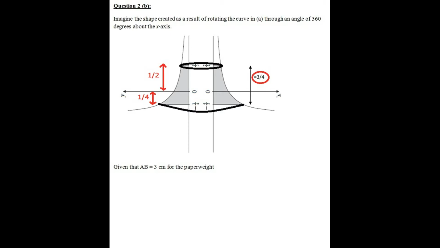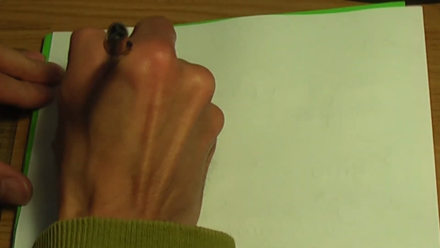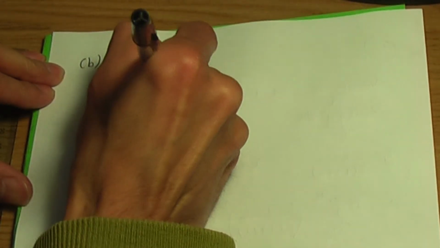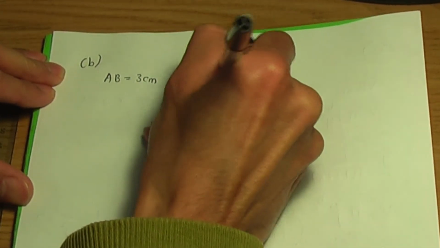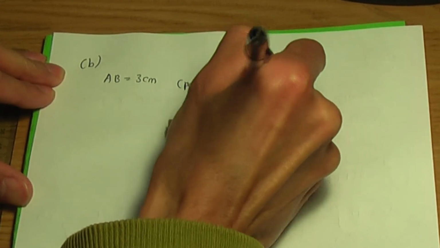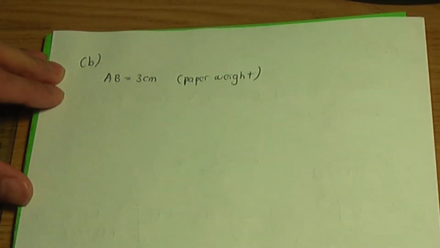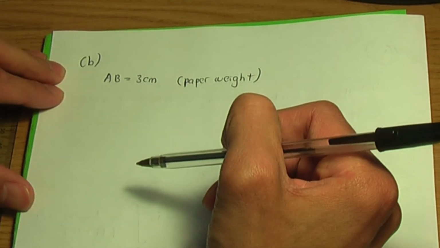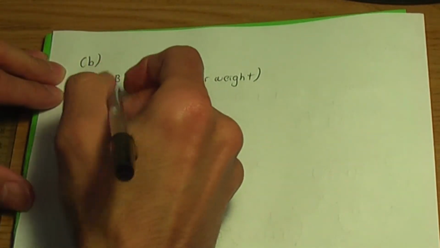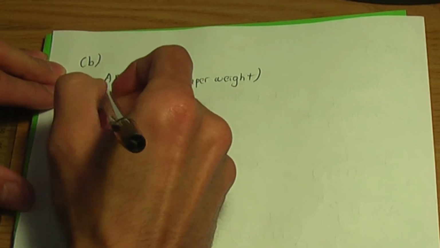So let's get back to the paper and pen and make some notes. AB given in the question is 3 centimeters, and this is for the paperweight. When we looked at that diagram, which is flipped to the side, we had a height which is 3/4.